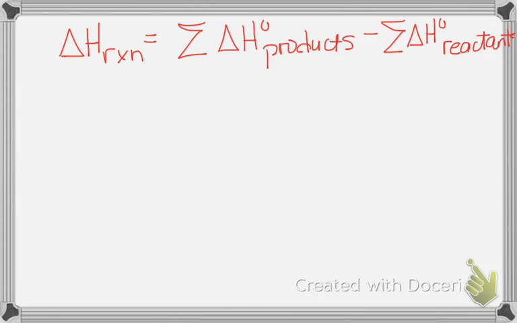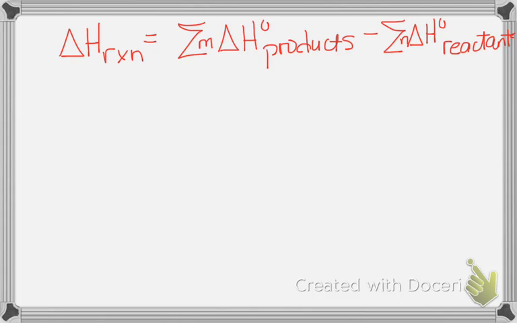What's omitted from that little formula there is there should be a little m here and maybe a little n here, or a little x and y. So that formula is what we're going to use to calculate standard enthalpies of reactions using the direct method. It looks kind of ugly, but it's not that bad.